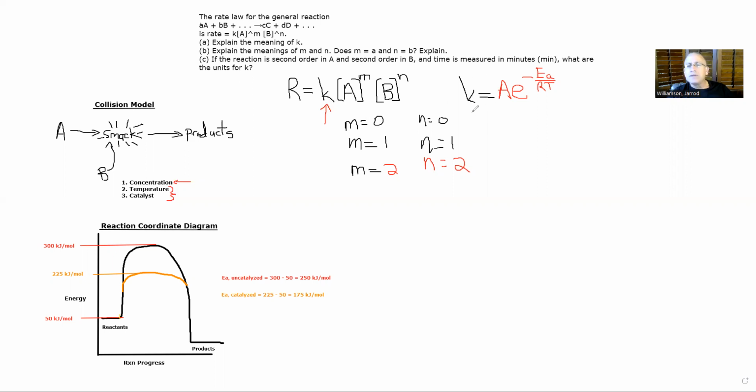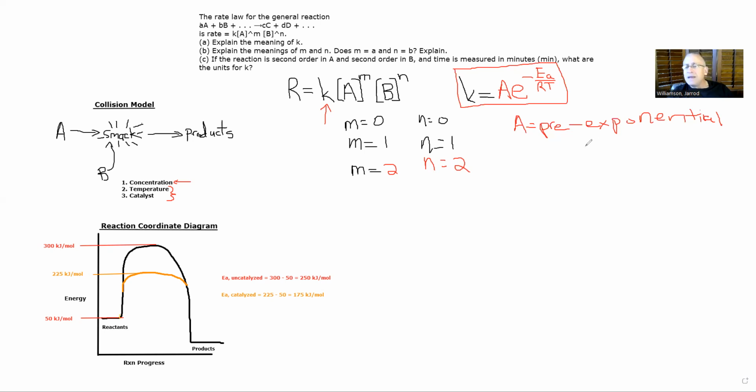The rate constant K is given by this equation, where this A is called a pre-exponential factor.